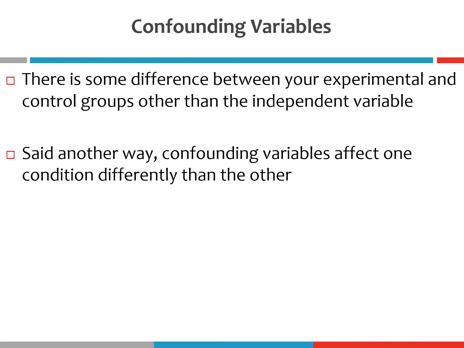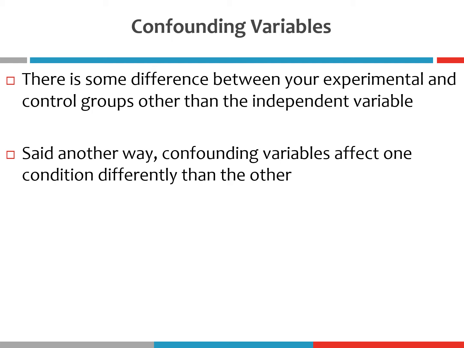Okay. So confounding variables are present when there is some difference between your experimental and control groups other than or in addition to the independent variable, right? Said another way, confounding variables affect one condition differently than the other.